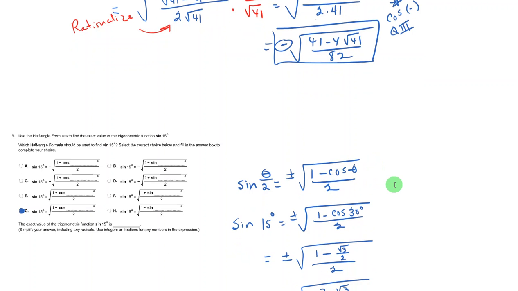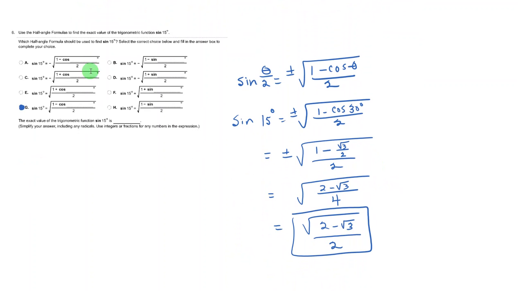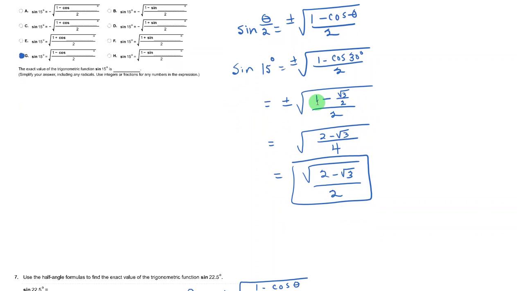All right, number 6. Use the half angles to find the exact. So we're trying to find sine of 15. So if we're doing sine of 15, that's the same as 30 over 2. So we're going to do cosine of 30, which is square root of 3 over 2. And so that becomes 2 minus the square root of 3 over 2, and then over 2.